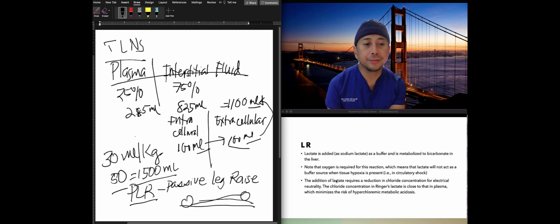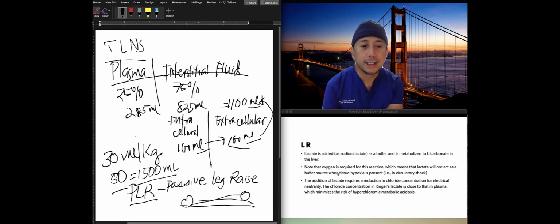If you have a very hypoxic patient, the lactate in LR will not act as a buffer source when the tissue is hypoxic. So just FYI, what is the implication? If your patient is having circulatory shock and they're ordering LR for fluid replacement, question that. You're probably better off giving normal saline, or isotonic saline.